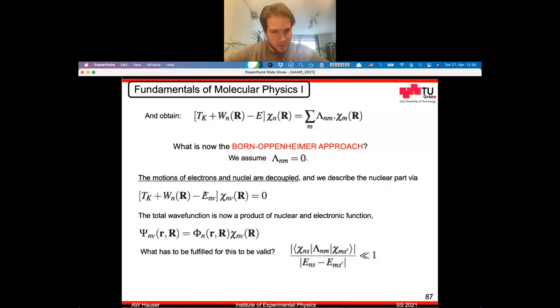We have a Schrödinger equation where we have an operator which contains the kinetic energy operator with respect to the nuclei, the atoms, in a given potential Wn of r. What is this potential? This is simply the electronic energy as a function of the nuclear positions.